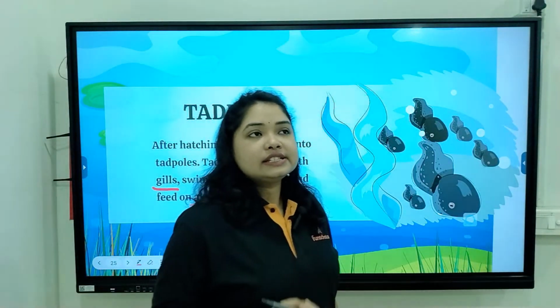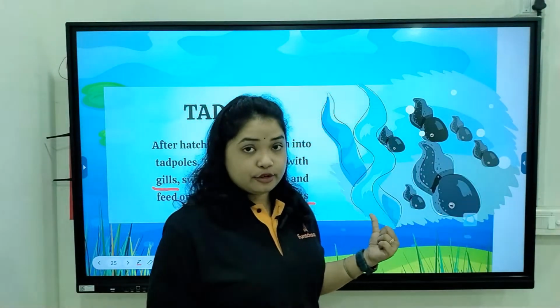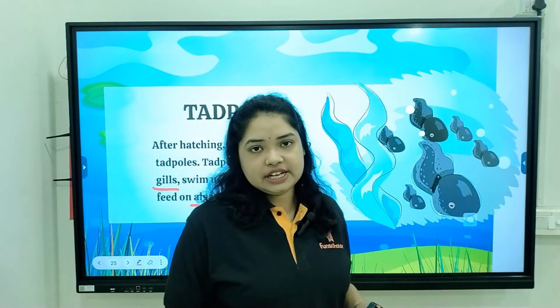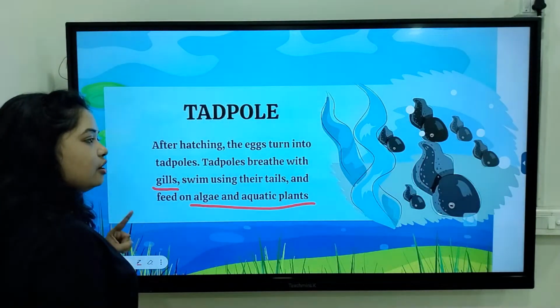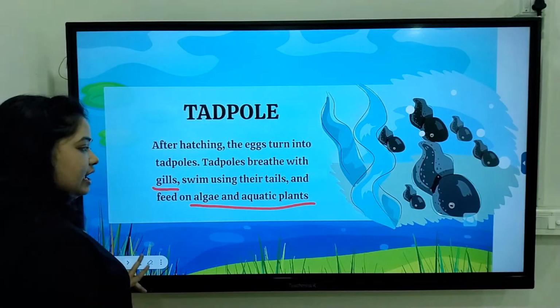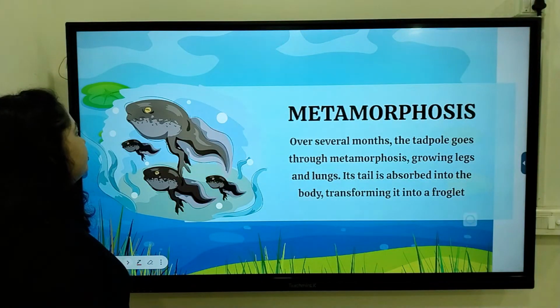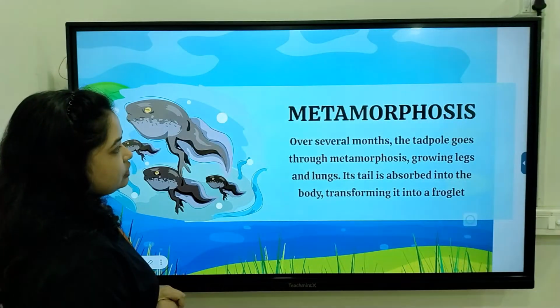You cannot say from this stage that it will turn into an adult frog, because the change from this stage to the frog stage is huge. They will stay underwater only and feed on algae and aquatic plants, and breathe with the help of gills. Now, what is metamorphosis?